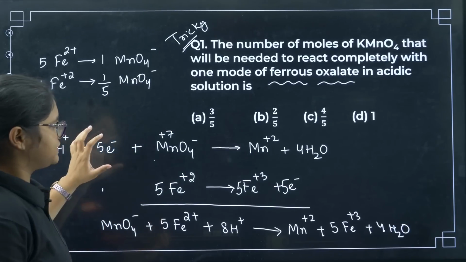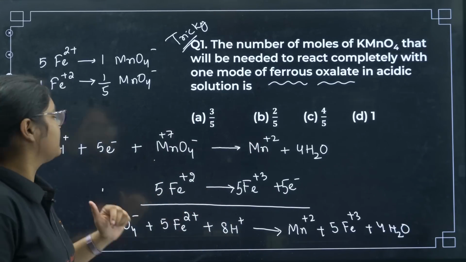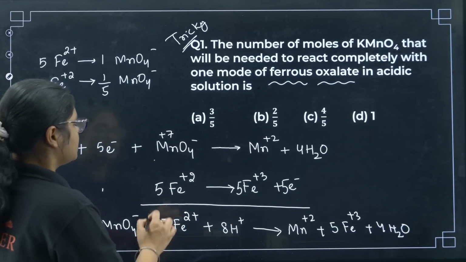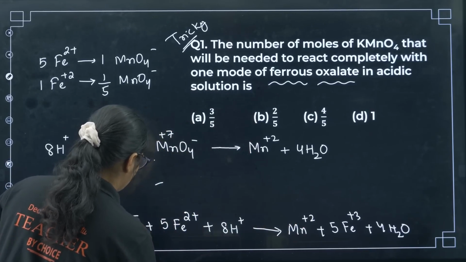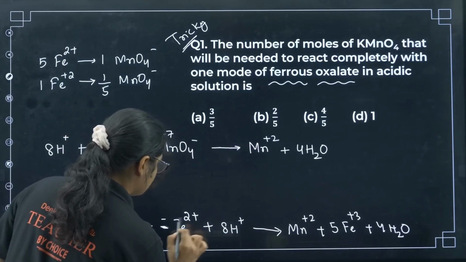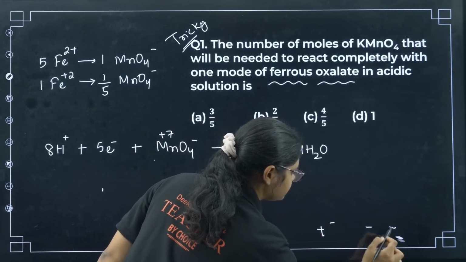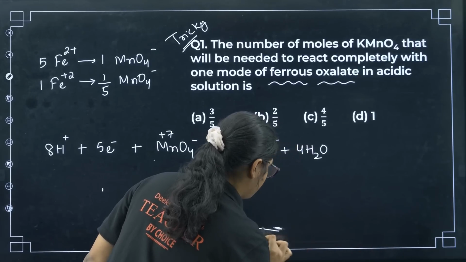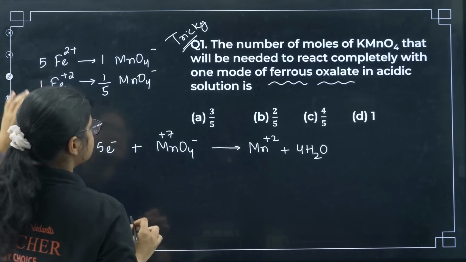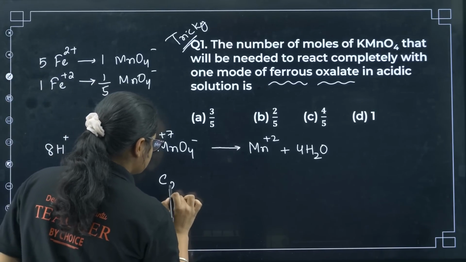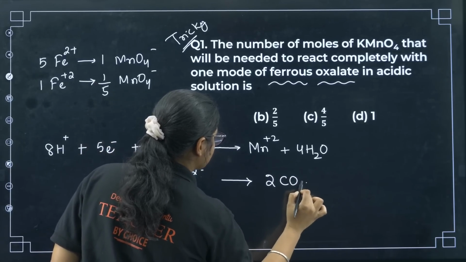But the question does not have any option regarding 1 by 5. That means it is talking about the oxidation of oxalate, C2O4, and not Fe2 plus. So now check this: oxalate ion C2O4 2 minus gives 2 CO2.